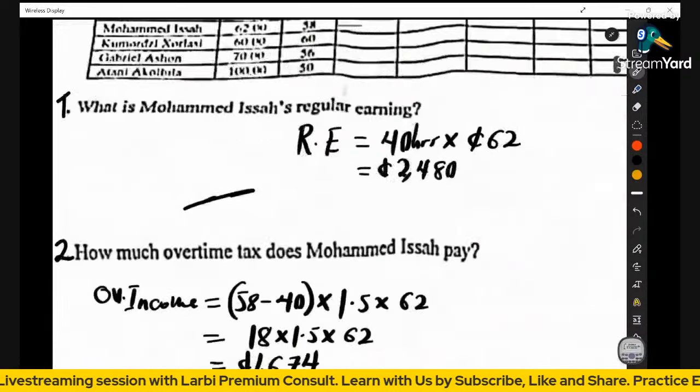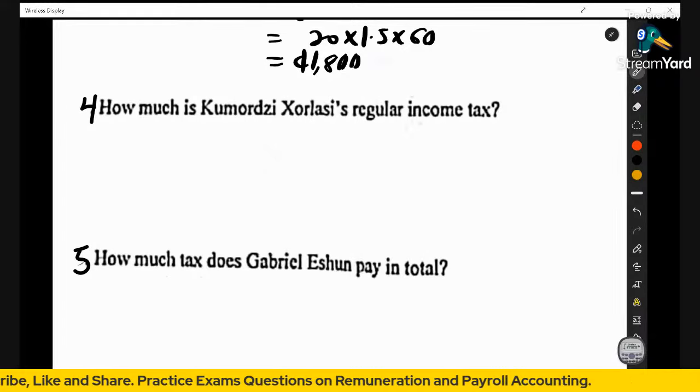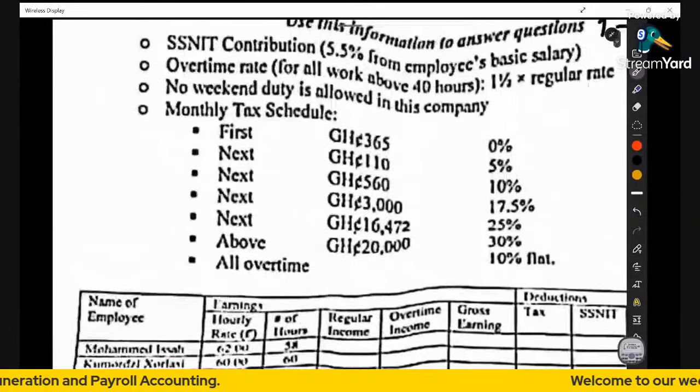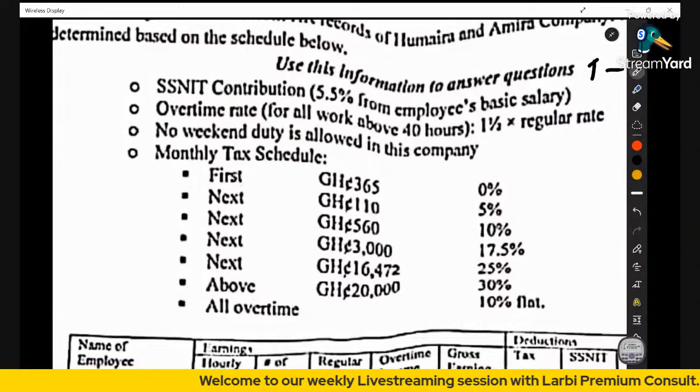Okay, so here, who were we asked to calculate his regular income tax? That was Zolasi. So for us to get the regular income tax for Zolasi, we must get our taxable earning. And how do we get our taxable earning? Based on the condition of this question, SNET contribution is calculated on the basic salary, which is the same thing as the regular income for that particular employee.